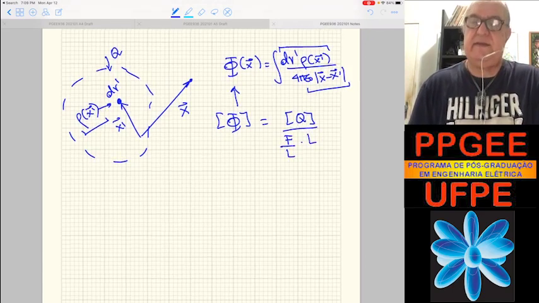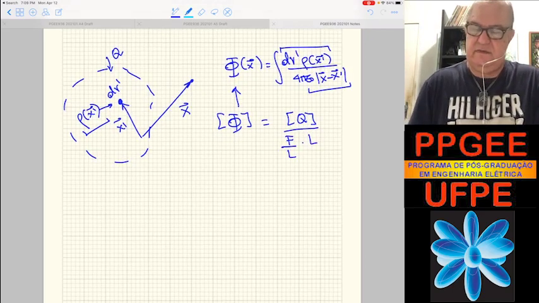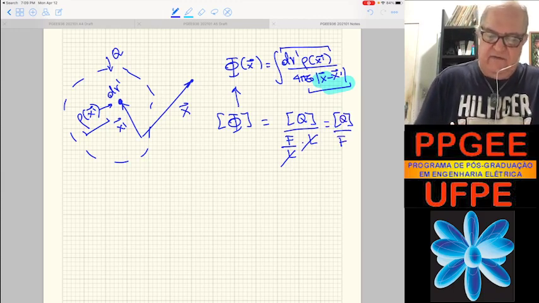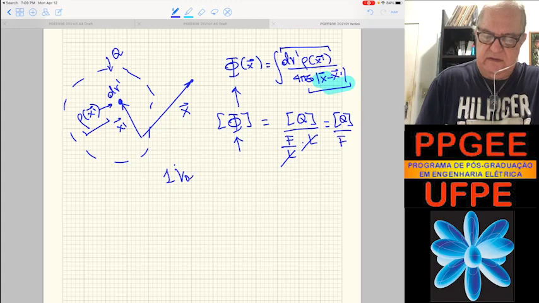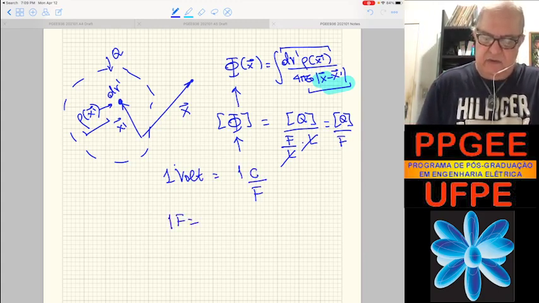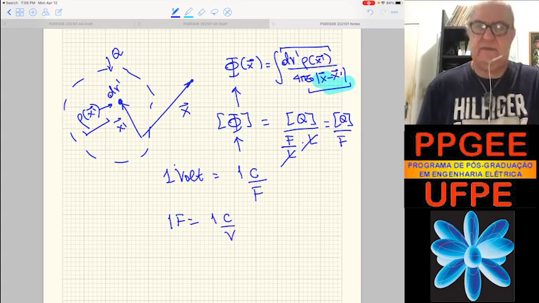So the magnitude here is length, and you cancel that. So it's unit charge per farad. Okay, so this is the volt. 1 volt equals 1 coulomb per farad. Alternatively, 1 farad equals 1 coulomb per volt.